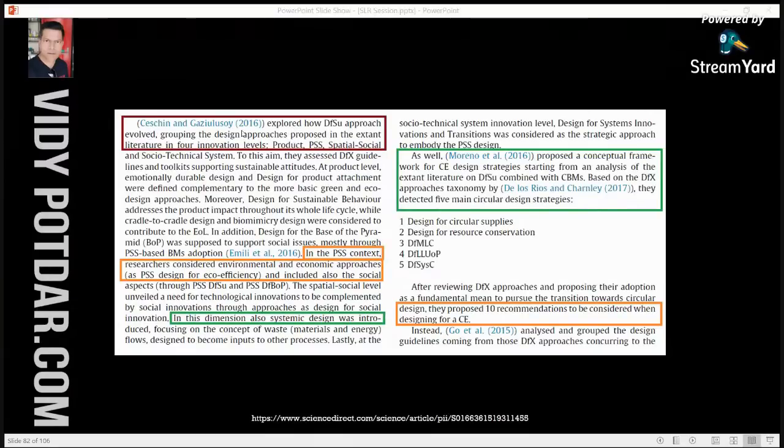So here they have taken this paper, explored how this approach evolved, grouping the design approaches into 4 innovative levels. So these are some of the levels they've mentioned. Similarly, another study, in the PSS context, researchers consider environmental and economic approaches and also included the social aspect. Another study, again a small summary.